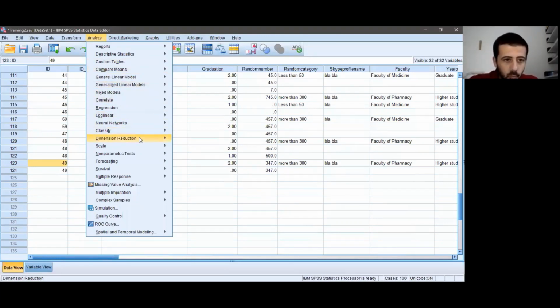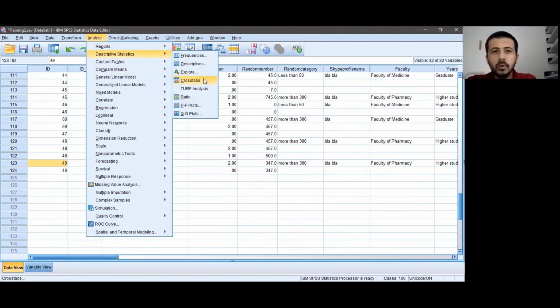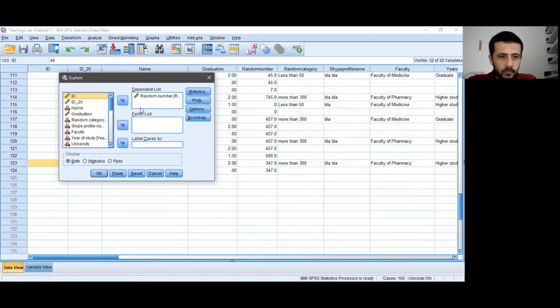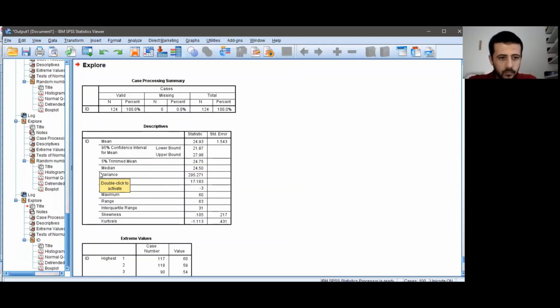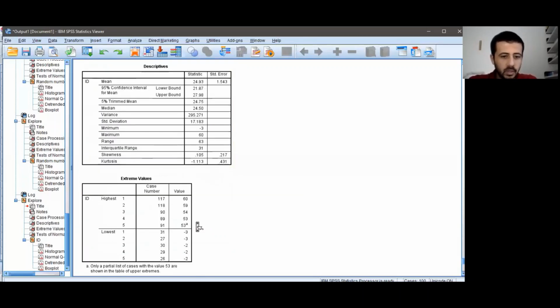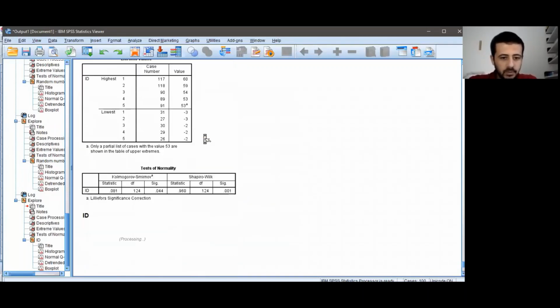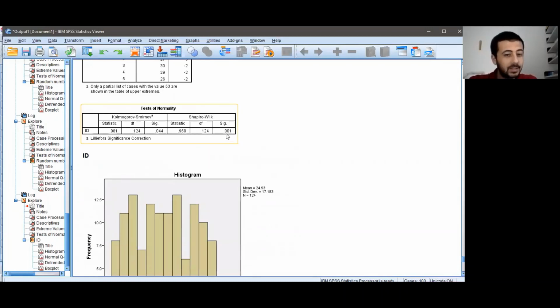Analyze ID, and we will see that it is at least closer to being a normal distribution. Sorry, descriptive, explore. We will take the ID. Okay, I still have some kurtosis. I tried, but my attempt is not so successful. It was like 0, 0, 0. I have now 0, 0, 1.